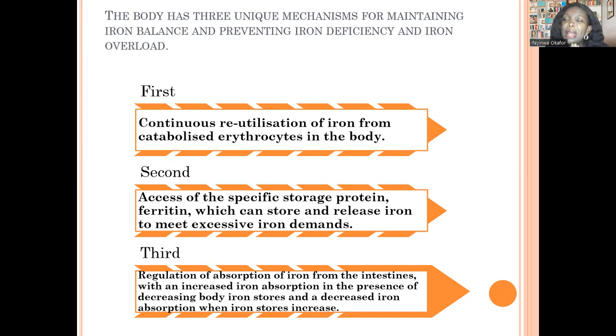That is the ability of the system to regulate iron absorption from the intestine, and also the ability of our body to release iron from stored proteins like ferritin and hemosiderin, is being tightly regulated by a protein called what?